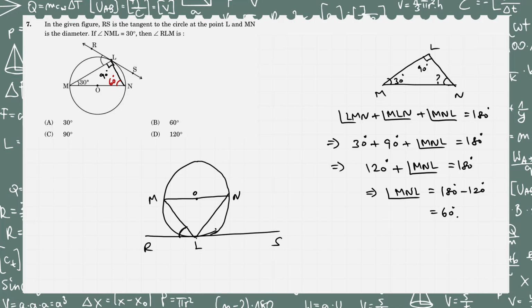So if we join this LM chord's two endpoints with any point on the other segment of the circle, that is this endpoint, then whatever the angle at N is will be the same as this angle RLM, right? And just a while ago we found angle MNL as 60 degrees. So this angle will also be the same 60 degrees only. So option B is the correct answer. Okay, let's go to the next sum.